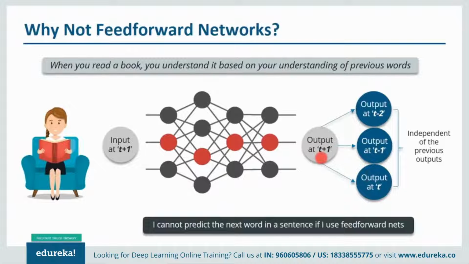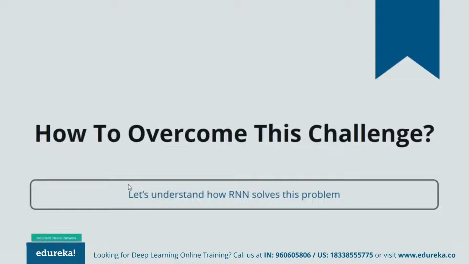That is, output at t plus 1 has no relation with output at t minus 2, t minus 1 and t. So basically we cannot use feed-forward networks for predicting the next word in a sentence. Similarly, you can think of many other examples where we need some information from the previous output so as to infer the new output. This is just one small example. There are many other examples that you can think of. So we'll move forward and understand how we can solve this particular problem.